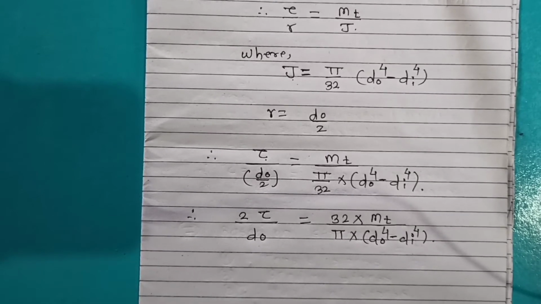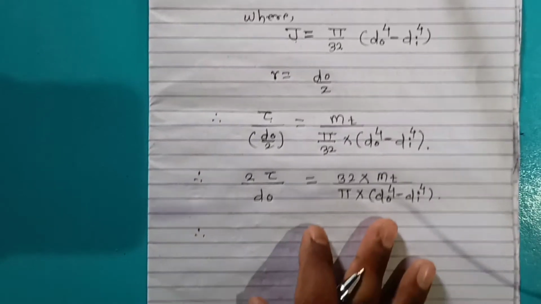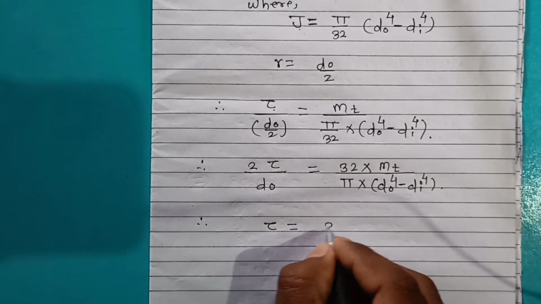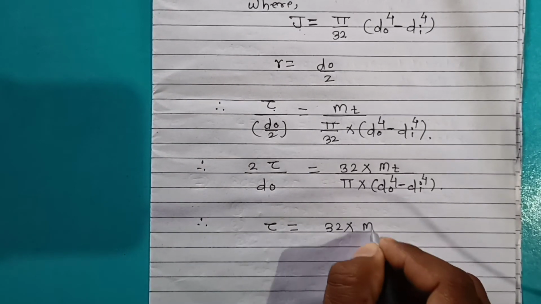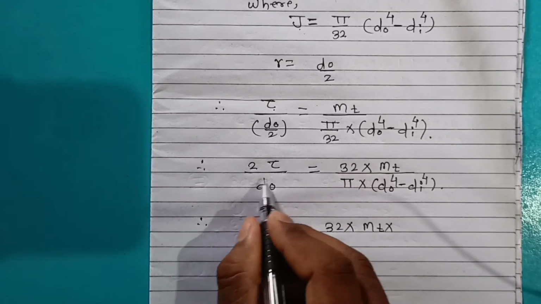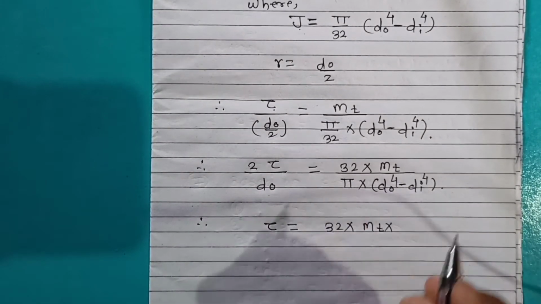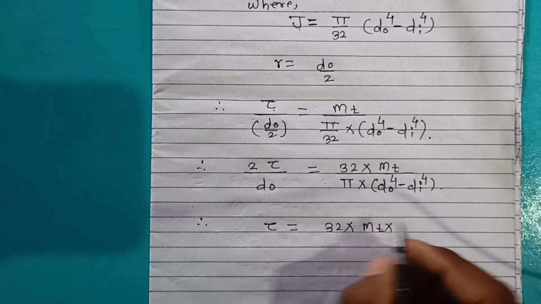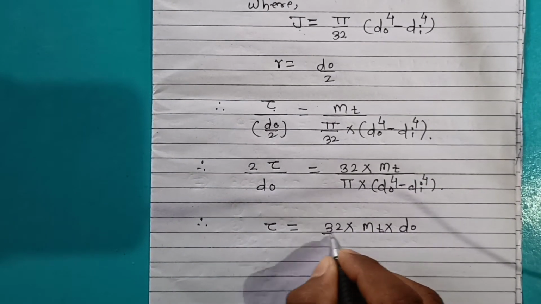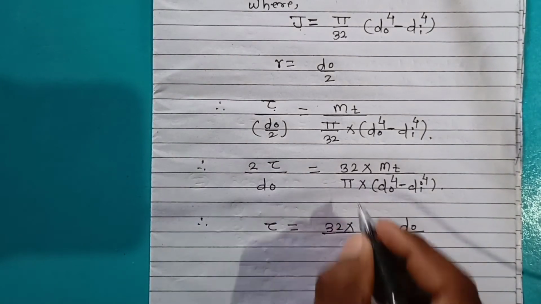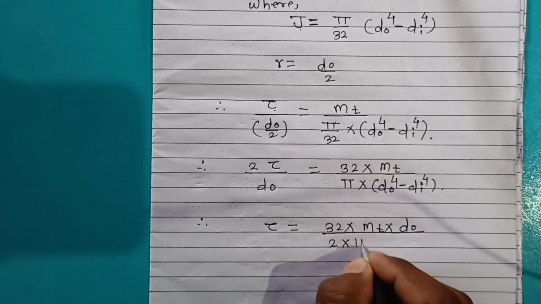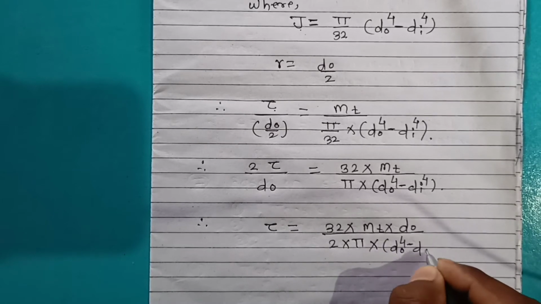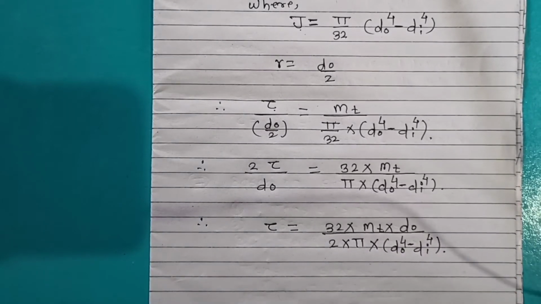Now rearrange the terms once again. Tau is equal to 32 into mt into do, with this do taken to this side, divided by 2 into pi into do raised to 4 minus di raised to 4.